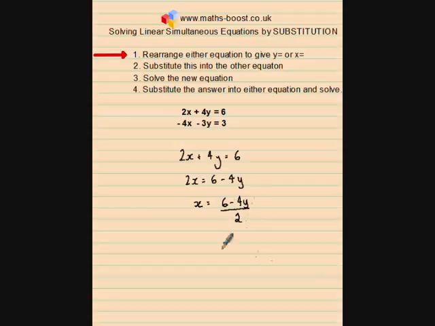Hopefully you can see that this is really a fraction with a common denominator, so I can simplify this, and indeed simplify this a little bit more. So this is me having completed the first step. I'm just going to write this here. I've rearranged this first equation like so.